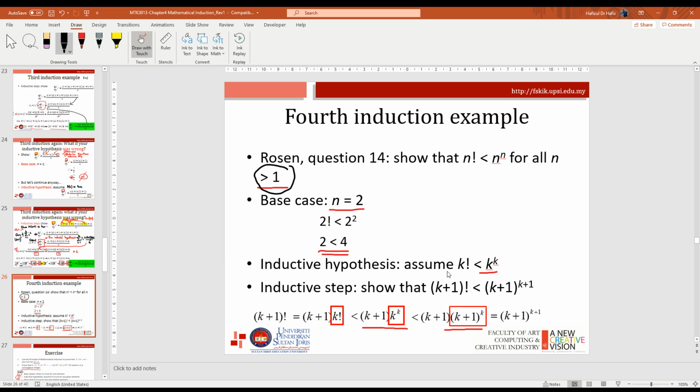For the inductive hypothesis, we replace n equivalent to k. So we replace this one with k. For the inductive step, we need n equivalent to k plus 1.